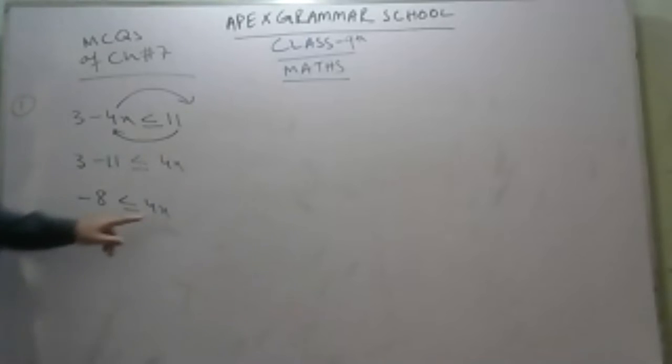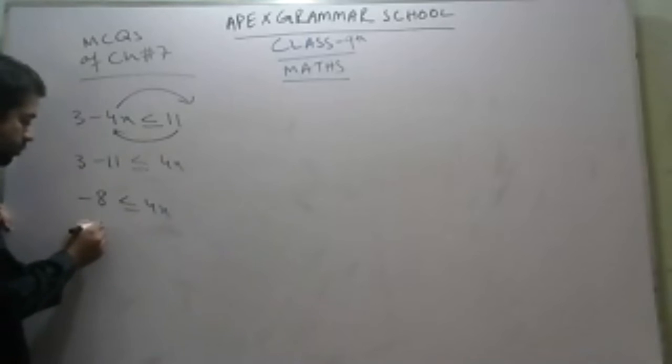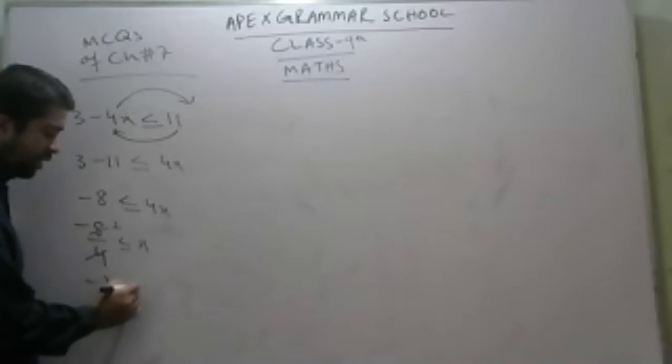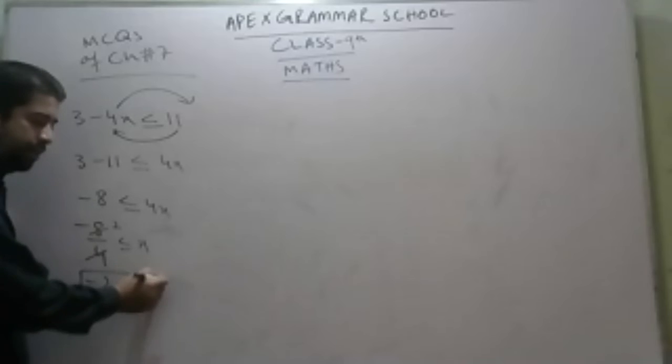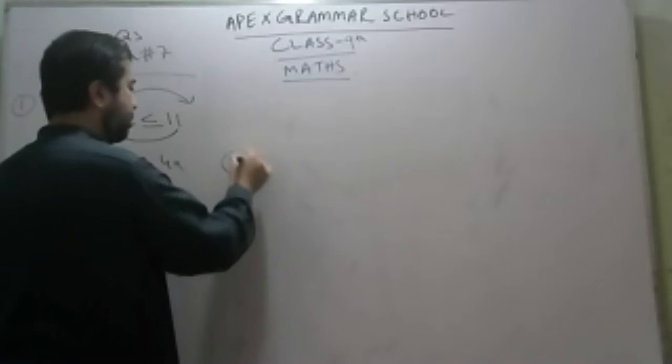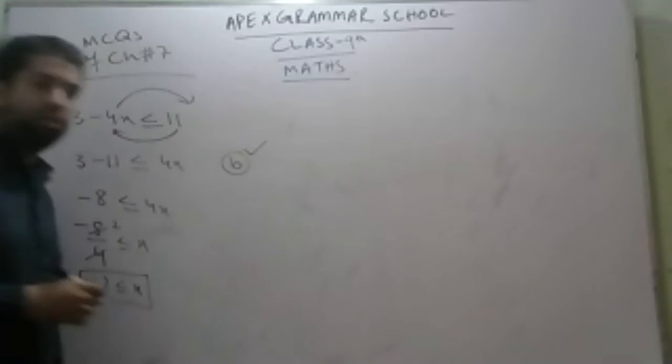This 4 will divide here. 4 ones are 4, 4 twos are 8, minus 2 less than or equal to x. So your MCQ answer will be part B. Click on option number B.